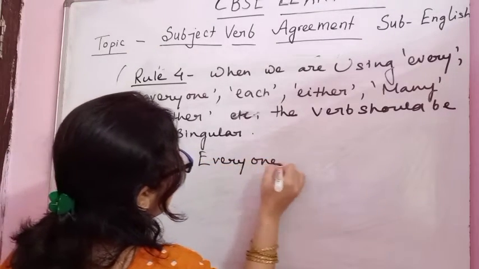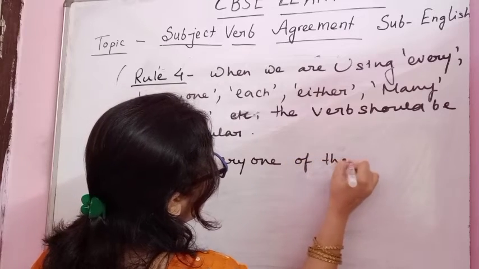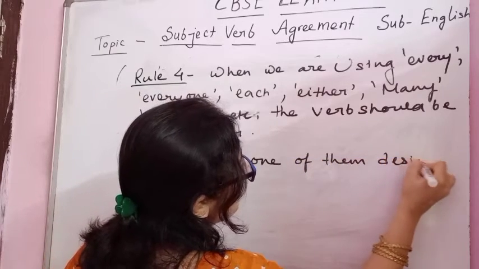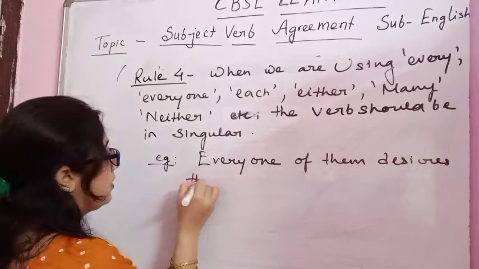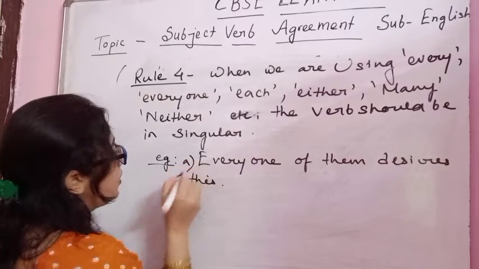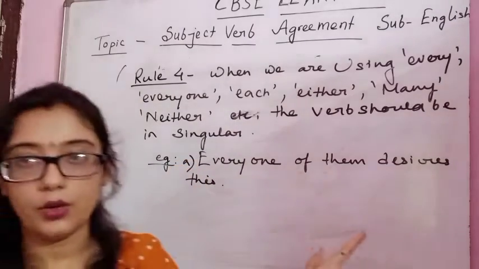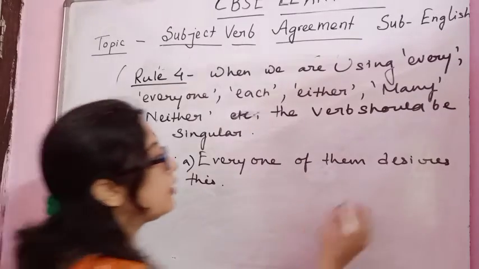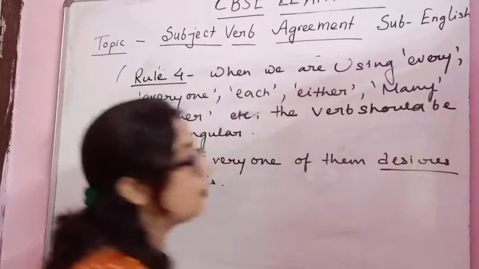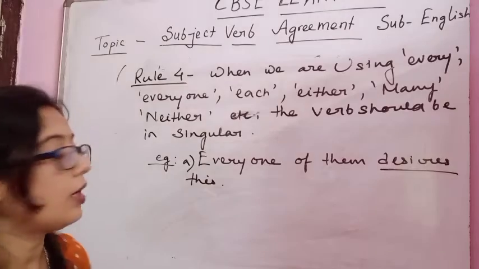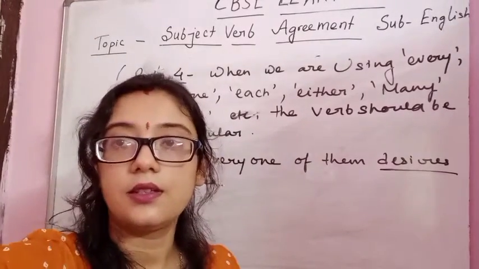Okay, for example, see, every one of them desires this. Here you see we are using everyone, but we are using the singular verb, desires. Every one of them desires this.